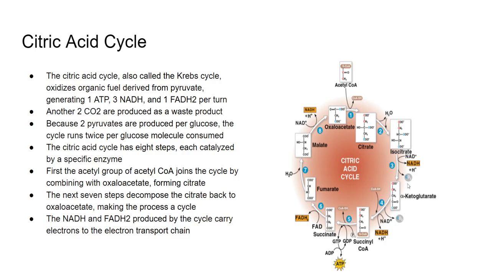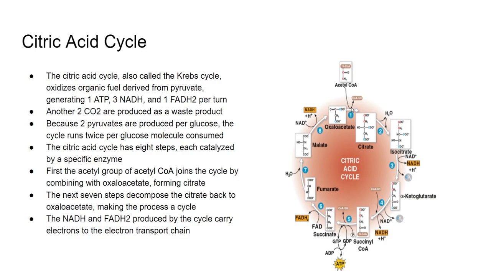And then we also lose 2 CO2 in the process. So in total, for 2 pyruvates, we only produce 2 ATP, 6 NADH, 2 FADH2, and we lose 4 CO2 for those 2 pyruvates, right? Because the citric acid cycle is going to turn twice.